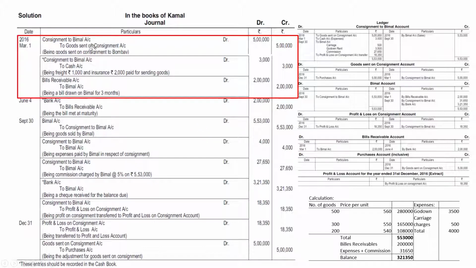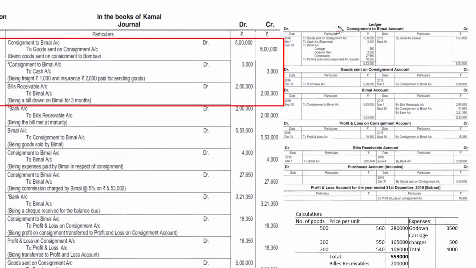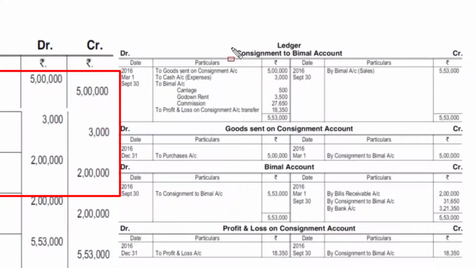The first one is consignment to Bimal account, 5 lakh, and goods sent on consignment account 5 lakh, which is credited because the goods were sent on consignment to Bombay. 5 lakh means there are 1000 boxes and each box costs 500 rupees, and this journal is also posted to 2 different accounts. One is consignment to Bimal account and another is goods sent on consignment account.